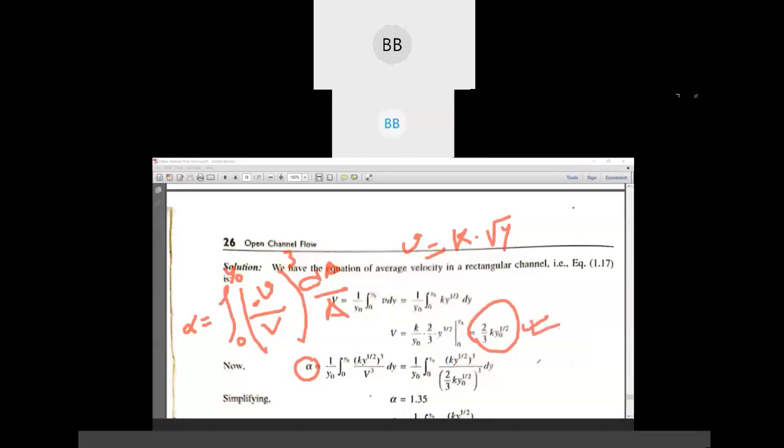And for del A, again for rectangular channel, it's b into del y, and for area, b into y naught. So try to solve. Alpha value, it's 1.35.